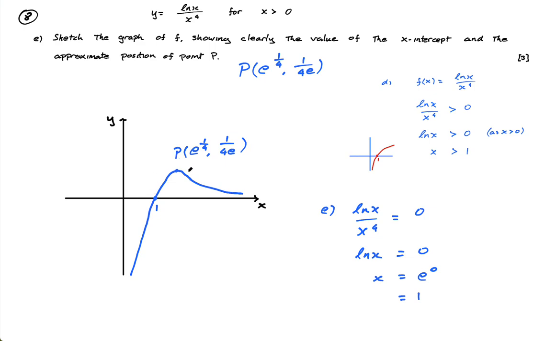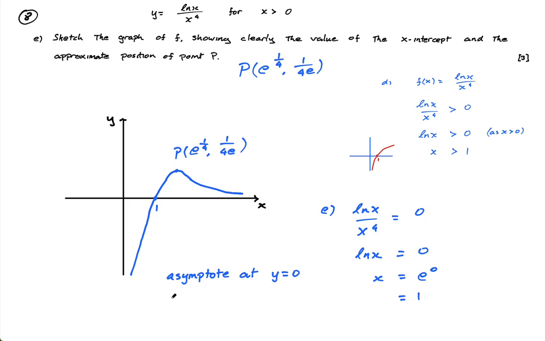They're not that fussy that you show the point of inflection, or even write the equation of the asymptote, although I'm going to write that anyway, just more information is better. Asymptote at y equals 0. That just gives them a bit more information.